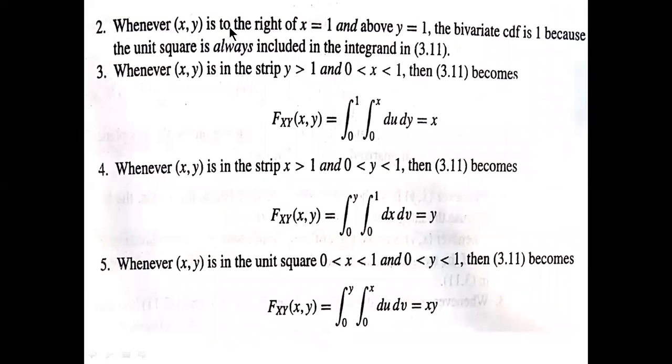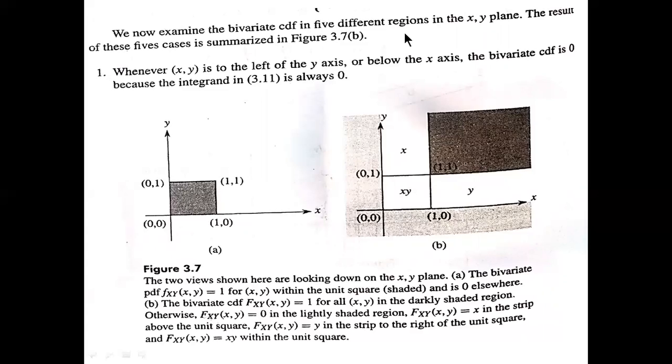Then whenever x comma y is to the right of x equal to 1 and above y equal to 1, that is this region, right? If you take a point over here, then this will cover the whole of the unit square, and hence that will be equal to 1 there.